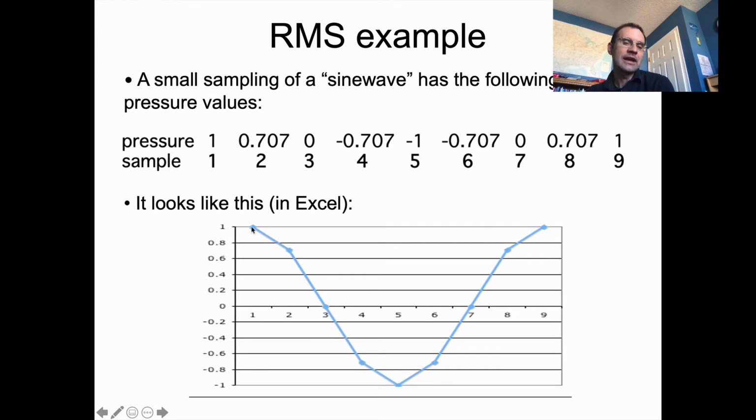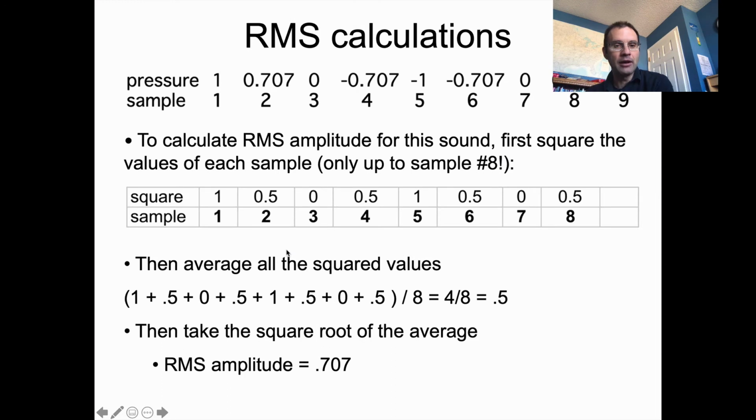And if I look at the peak amplitude of 1, then I get that maximum value of 1 again. But this is also going to include how far off from 0 we are for the in-between values, right? So this value of 0.707 is just as far away from 0 as negative 0.707. And when I square them, they both wind up in the same place of 0.5, 1/2, right?